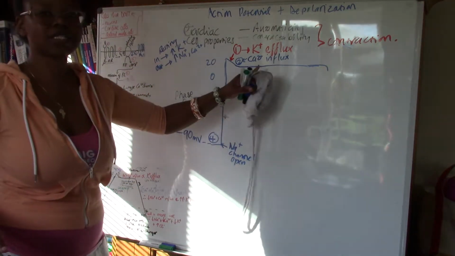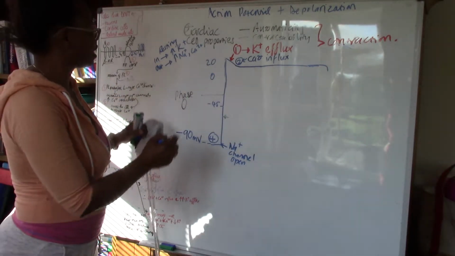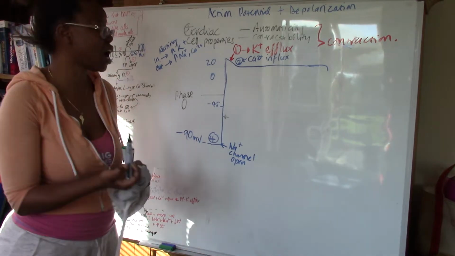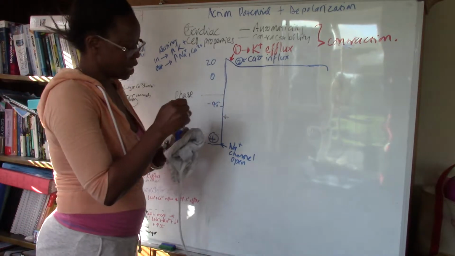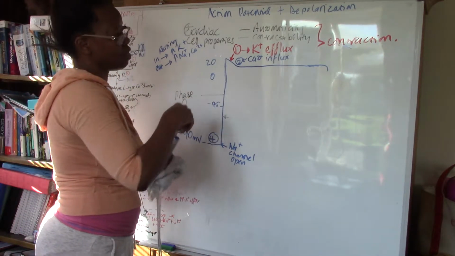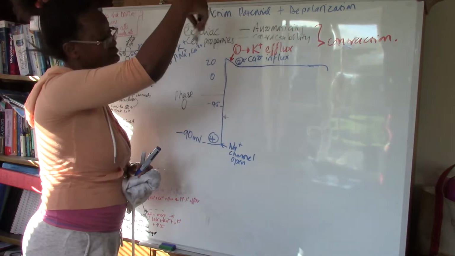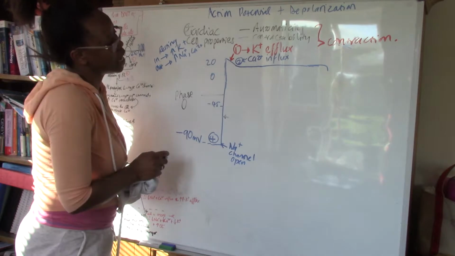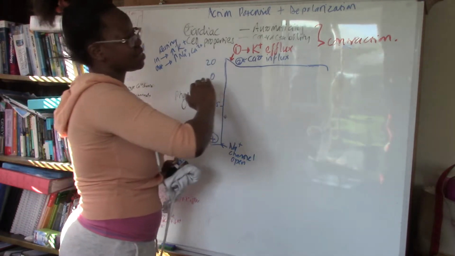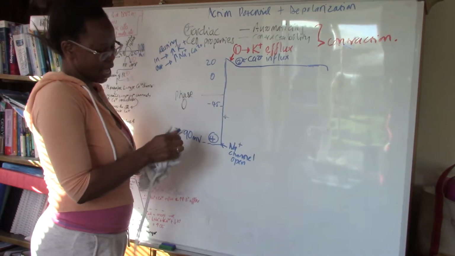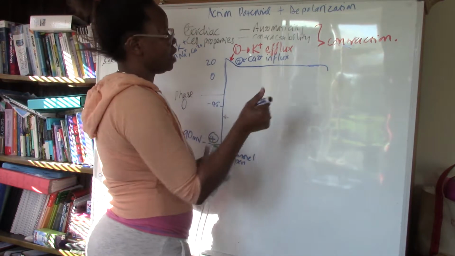As calcium comes into the cell, again, let's remember calcium is another positively charged ion. It stops the correction that is happening due to the efflux of potassium, and it causes the stabilization of that positivity to continue, and we reach a plateau phase.